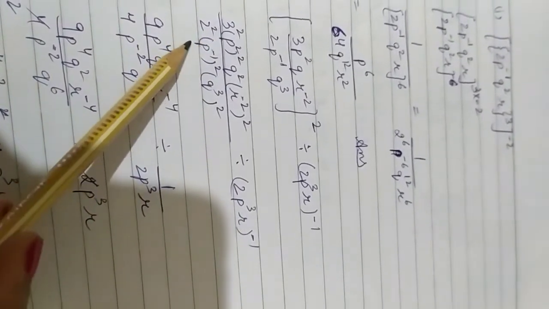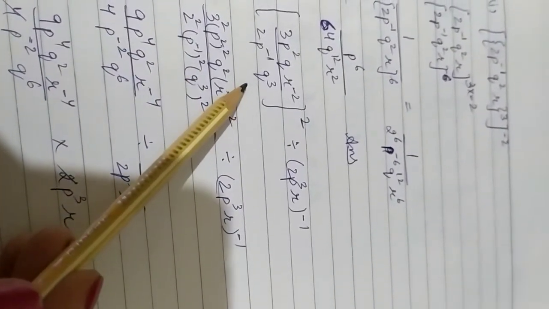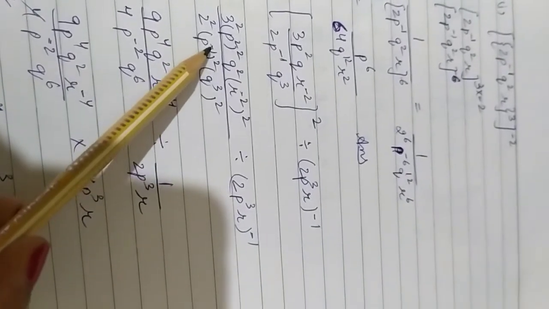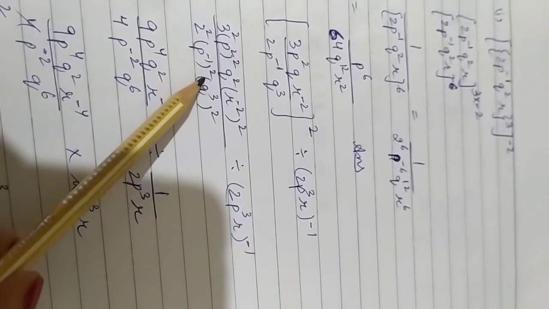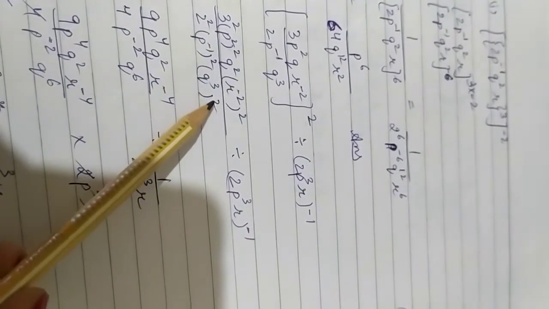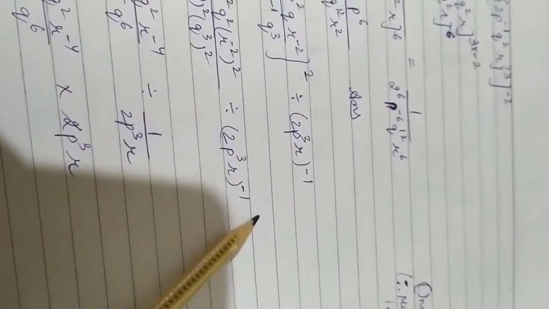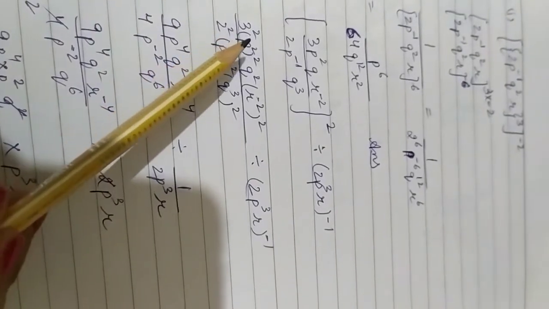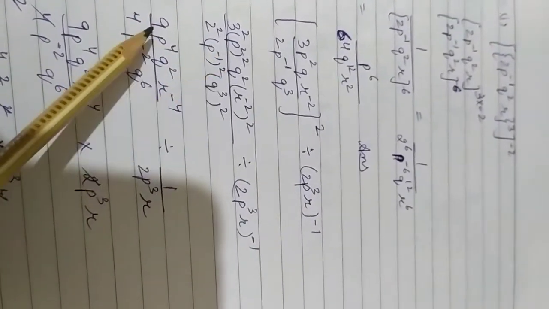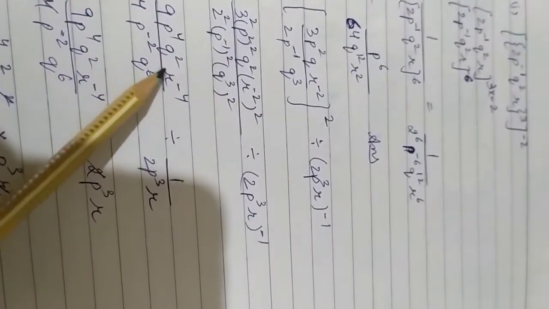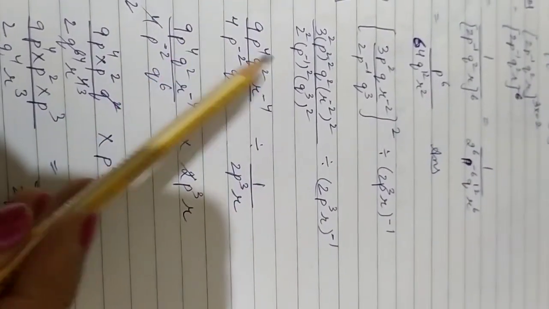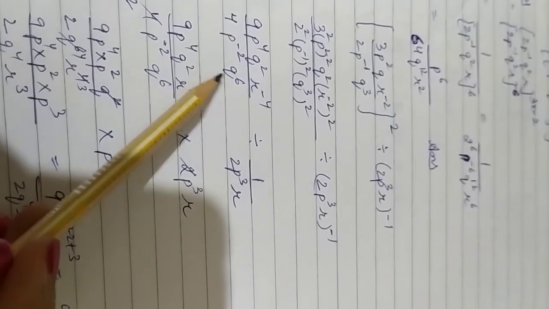And 2 squared, because in denominators also the power is multiplied, p raised to the power minus 1 into whole power 2, q raised to the power 3 whole power 2, divided by 2p cube r whole power minus 1. So it will become 3 squared is 9, p raised to the power 4, q square, r raised to the power minus 4. Then 2 squared is 4, p raised to the power minus 2, q raised to the power 6.